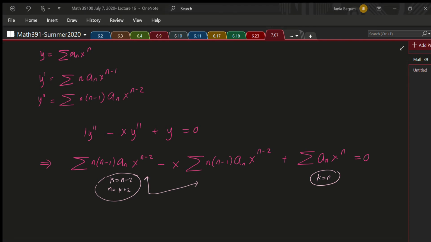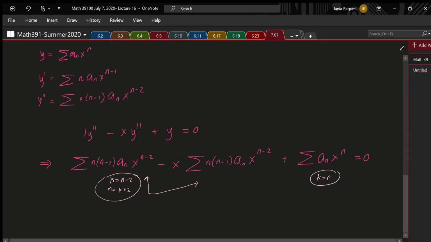So we have the sum. So n is going to be k plus 2, k plus 1, so k plus 2, k plus 1, a sub k plus 2, x to the k. Oh, typo. So no one caught it. Are you guys paying attention? I made a mistake. What mistake did I make?